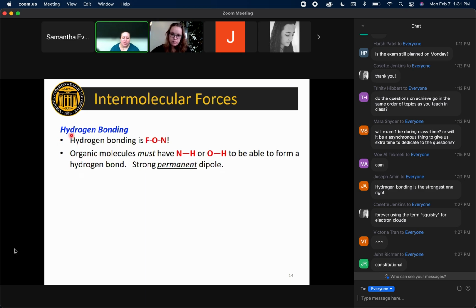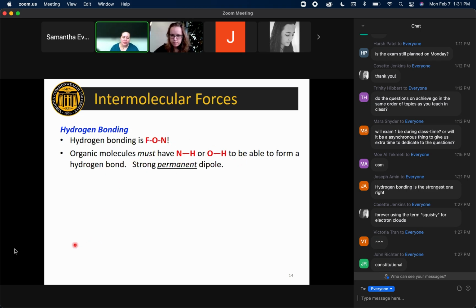These molecules that can do hydrogen bonding have to have an NH or an OH bond or an FH bond, but they have to have a hydrogen atom that is part of a highly polar covalent bond, so that the hydrogen atom has a very strong delta positive to it.